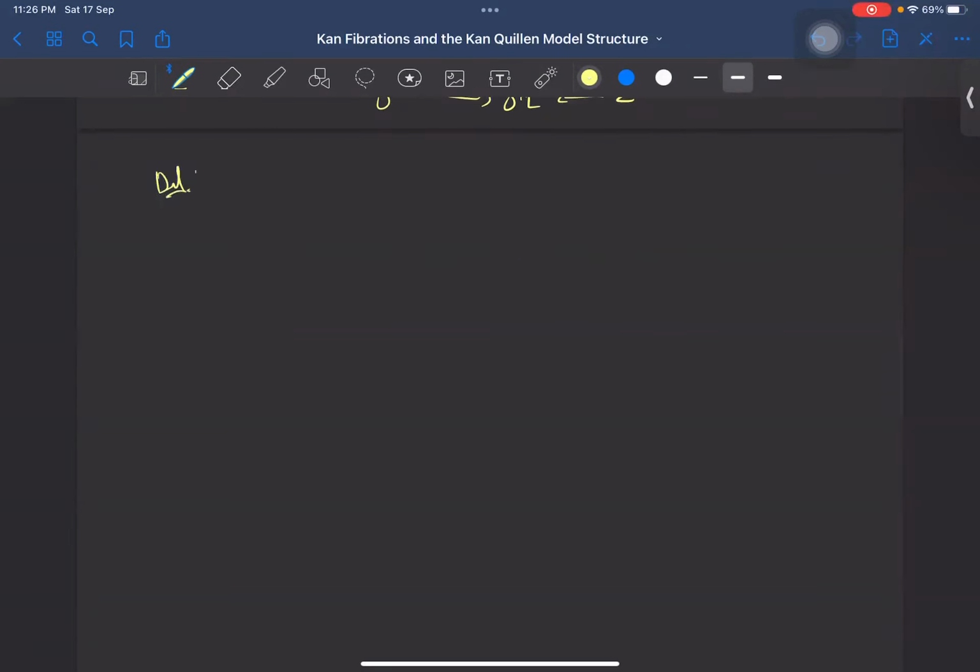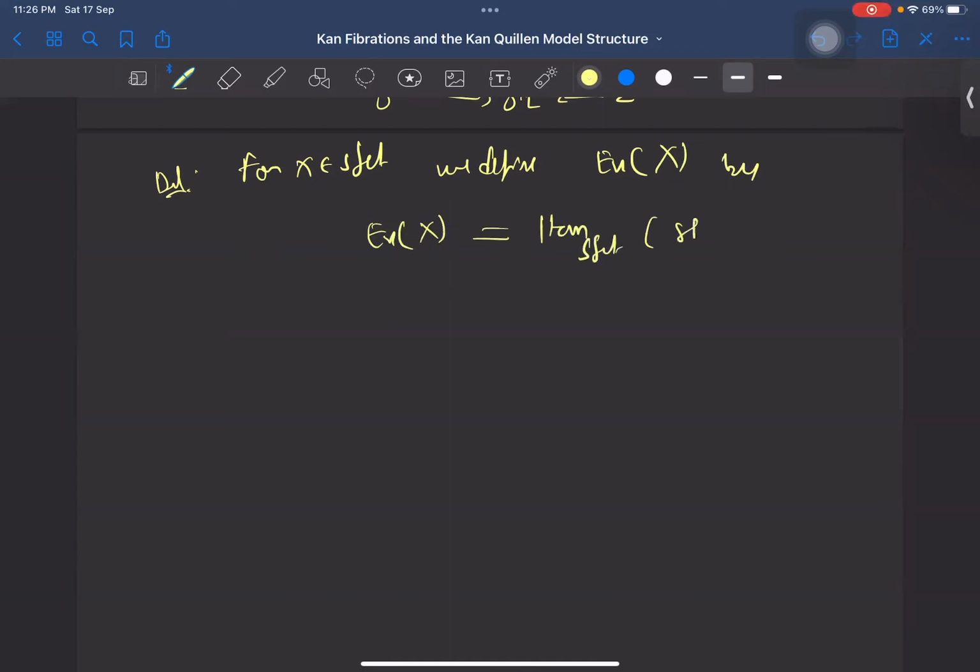So now let me define the x functor for a simplicial set X. We define it by... Right.